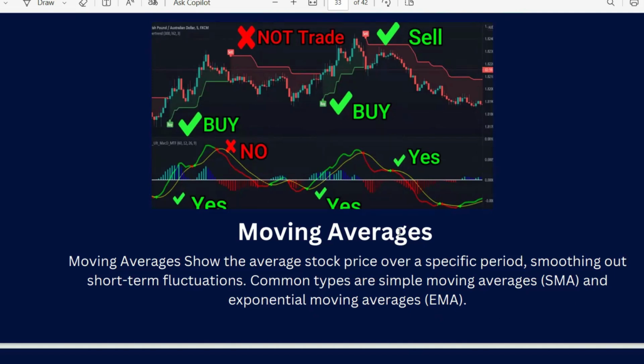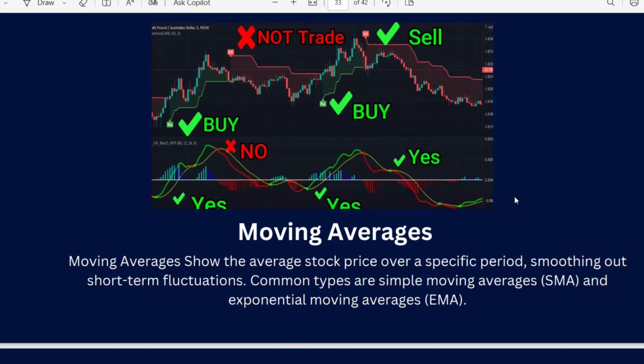These are lines in your technical analysis that are going to show you how the market is moving, right? And we're going to talk about all of that in our section.